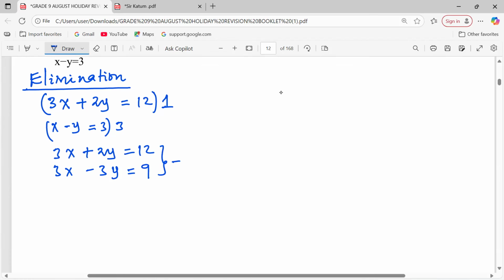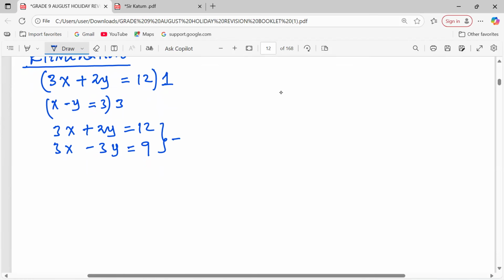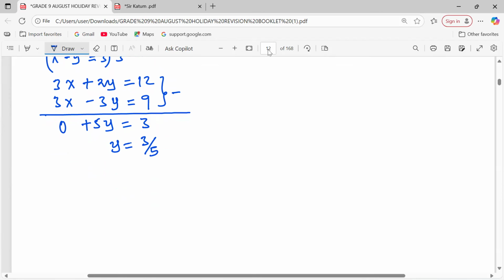Now we are supposed to subtract corresponding terms from the two equations. If we subtract corresponding terms, we have 3x minus 3x giving us 0. Then 2y minus negative 3y becomes plus 3y, and that is 5y equals 12 minus 9, which is 3. If 5y equals 3, then y equals 3 over 5.